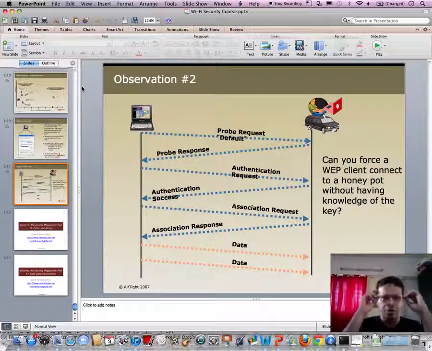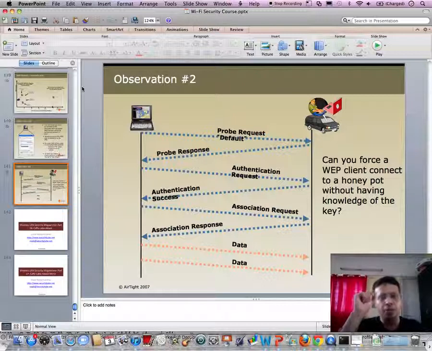So what have we learned in this video? That even if one of the networks on the client's preferred network list is a WEP encrypted network, it is still possible to set up a honeypot access point and lure the client to connect to you, even though you are unaware of the WEP key. And this is simply possible because there is no mutual authentication.